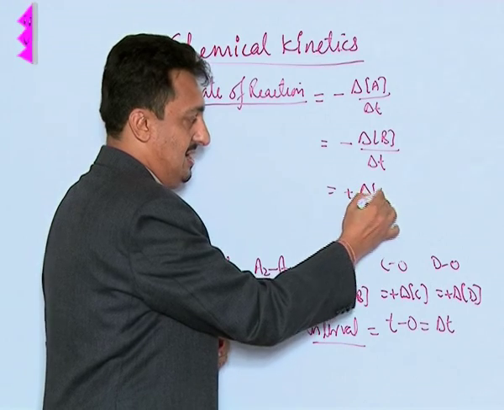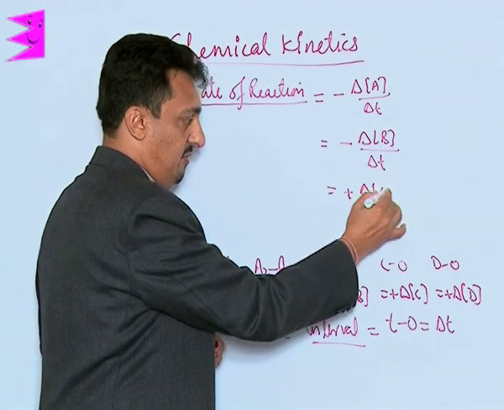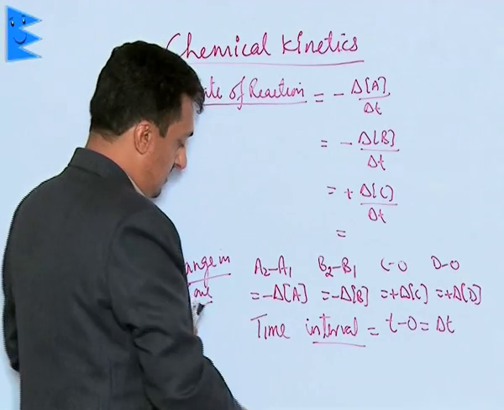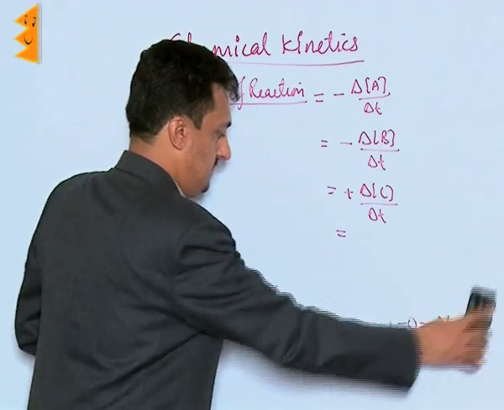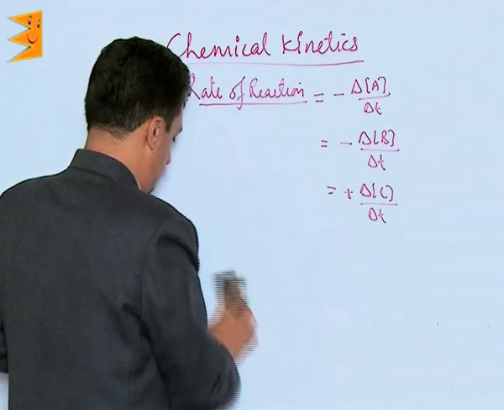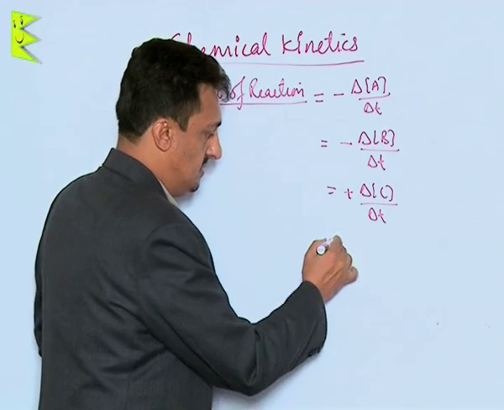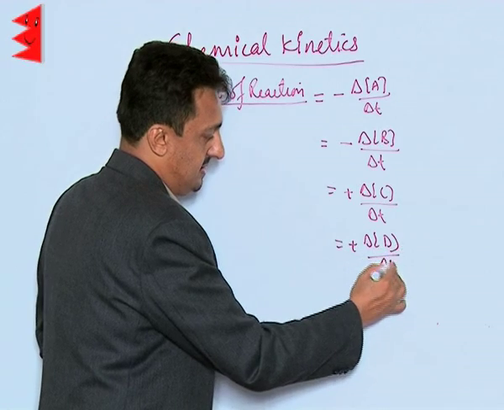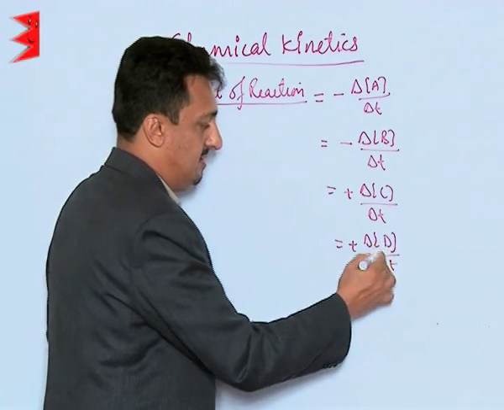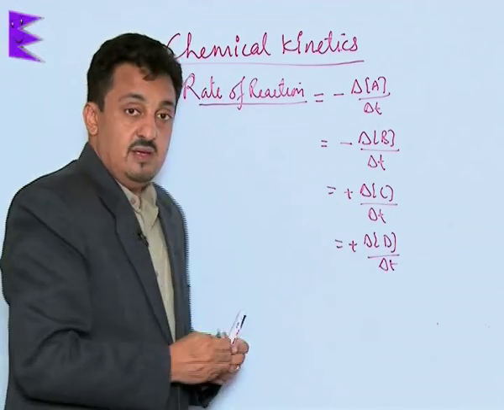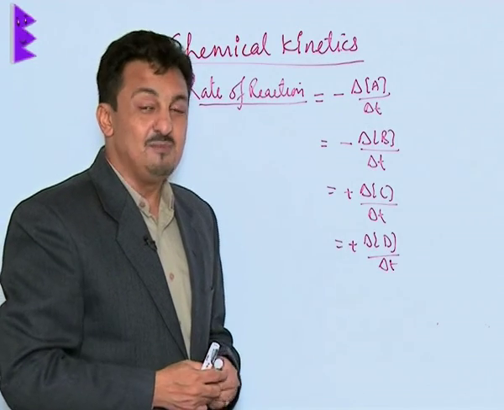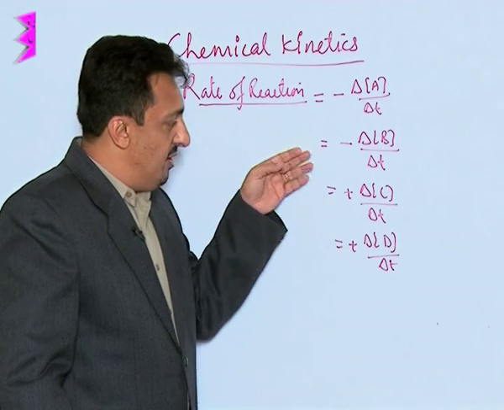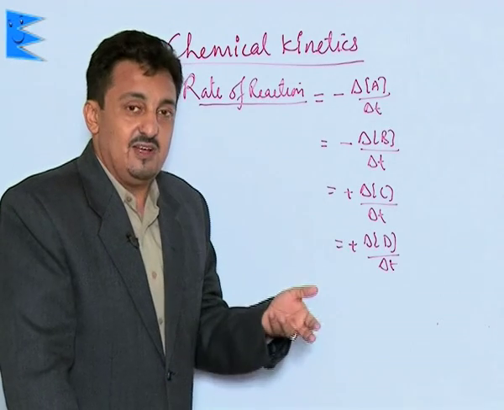It will be plus delta [C] by delta t, or plus delta [D] by delta t. So all these are different forms of the rate of the same reaction, and we need to understand that these are the four different ways we can find out the rate of the reaction.